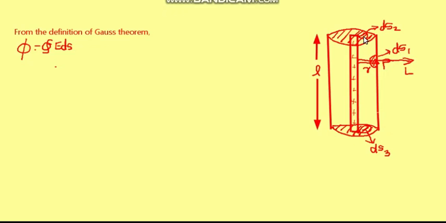Similarly E2 be the electric field through the surface dS2, and E3 be the electric field through the surface dS3. Now we can rewrite this equation as closed integral E.dS is equal to integral E1 dS1, that is this one, plus integral E2 dS2, which is this part above the cylinder, and integral E3 dS3, which is below the cylinder.